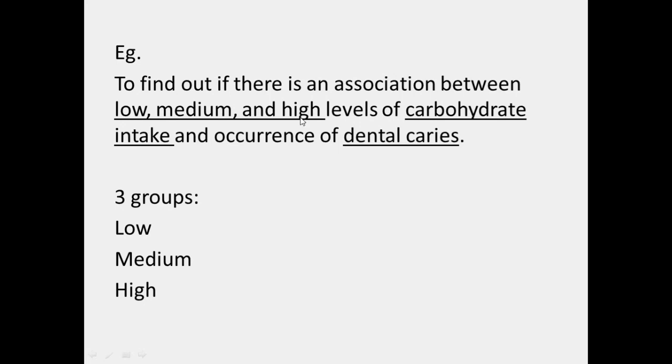The moment you see there are three groups, immediately you have to know that you have to use the ANOVA test. You have to compare low, medium and high carbohydrate intake, and see whether the difference between these three groups is statistically significant or not.